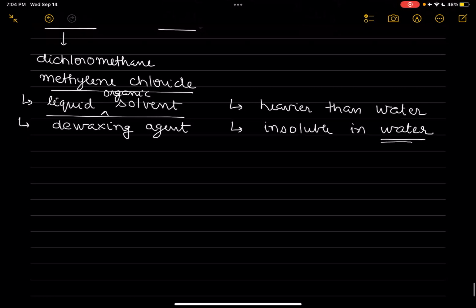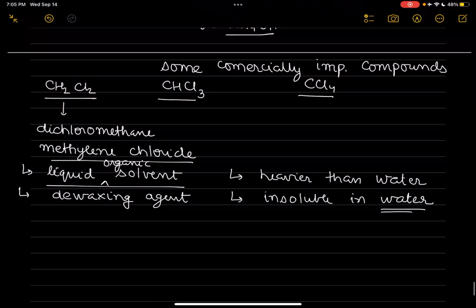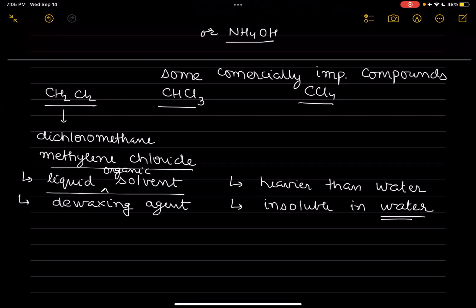But we have to be very careful, as it can cause irritation to the skin and eyes. It is a very important solvent. I have widely used it in a lot of large scale pharmaceutical reactions.